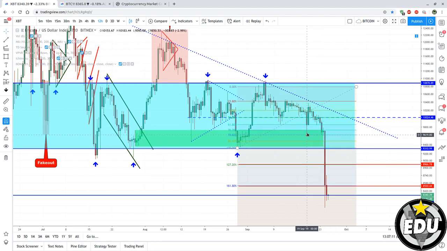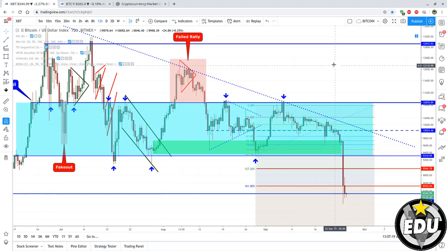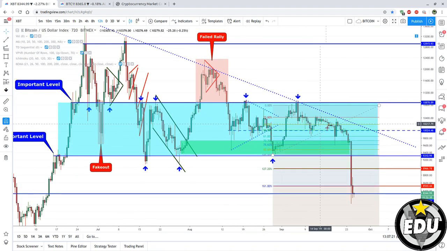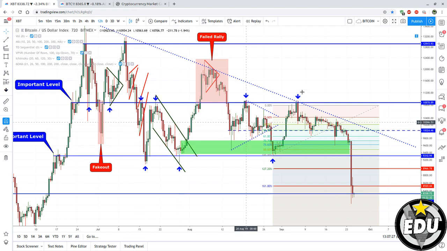So even though buyers were kind of trying to keep price above this level, at the end the overall trend was making lower lows. You can see the massive size of the red candles compared to the green, which tells that sellers are here compared to buyers.